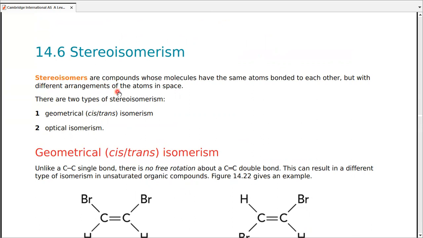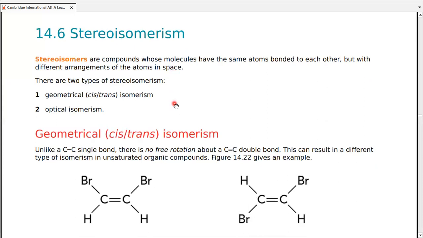So molecular formula, same; structural formula, same; arrangement of atoms in space, different. For that, we further categorize it into geometrical isomerism and optical isomerism. By the way, geometrical is also known as cis-trans isomerism.